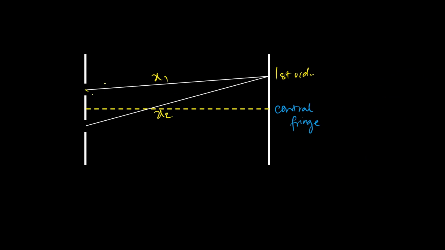So let's say we made a cut about right here. Maybe these now will be relatively the same distance, x1 and x2. So this portion at the end right here would represent the path difference, delta x, all right?